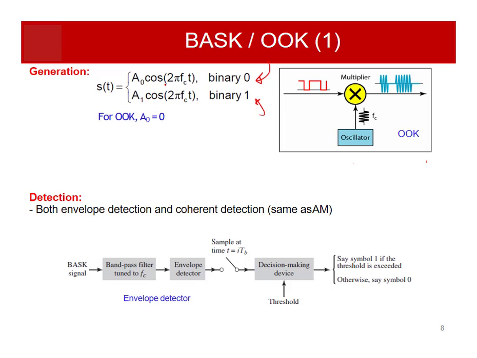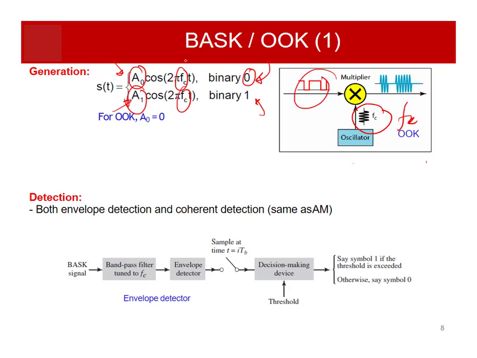Both of these waves have the same frequency fc because we are multiplying the input signal, which is the representation of the bit sequence, with the output of the oscillator, which has a particular frequency fc. So the frequency is fixed for both cases, but the amplitudes for the two different bits are not the same.